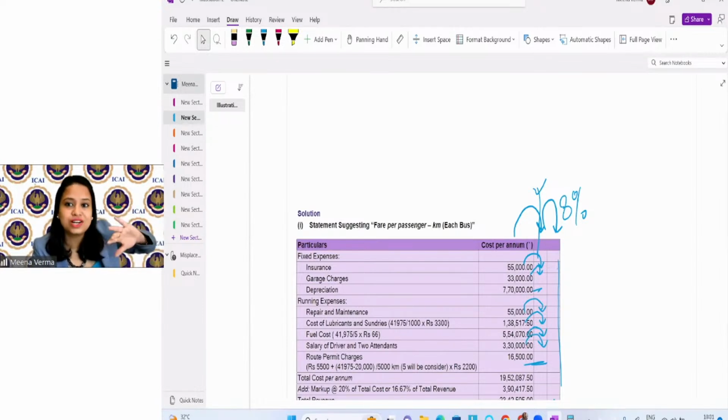So for route permit charges we have rounded off the figure. So 4.1 to something, we have taken 5. But in case of lubricant and fuel, you can find the exact value of how much lubricant and fuel is required. So no rounding off will take place in their cases, right?